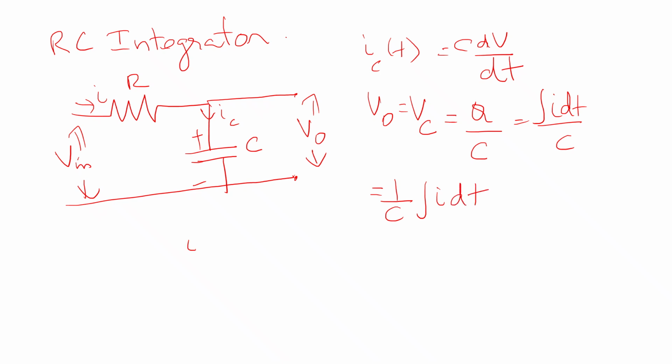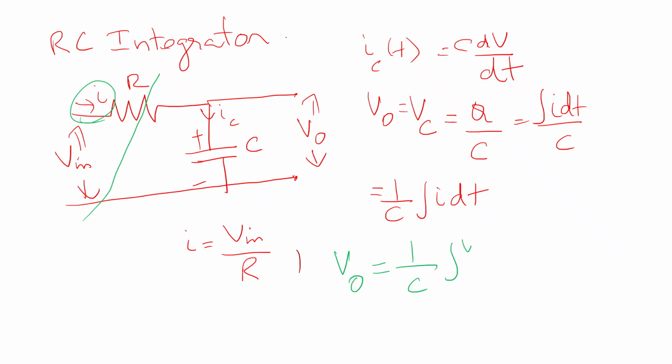And we know that I is equal to the input voltage divided by R. The current I depends on the input voltage and this R. Therefore, V naught output is equal to 1 by C integral of V in by R into dt, which is equal to 1 by RC integral of the input voltage V in dt.